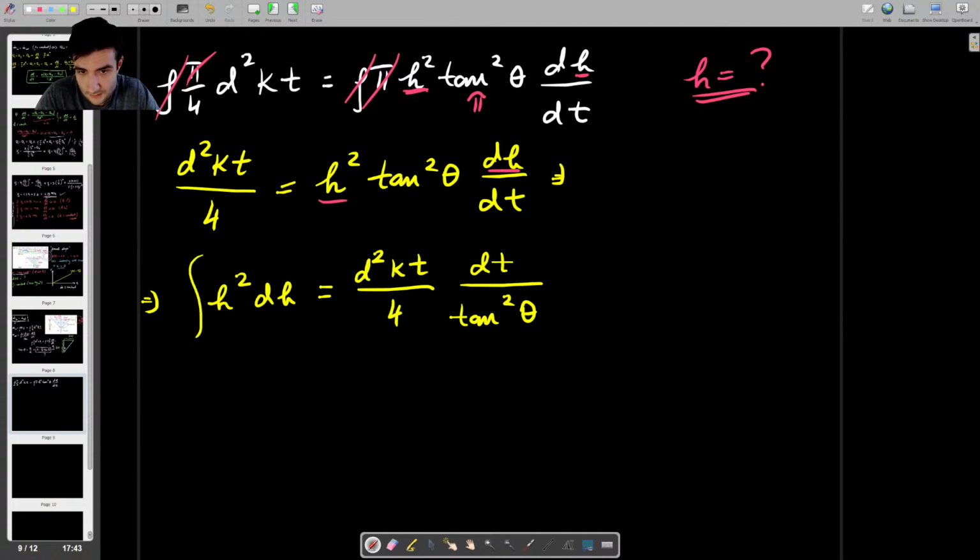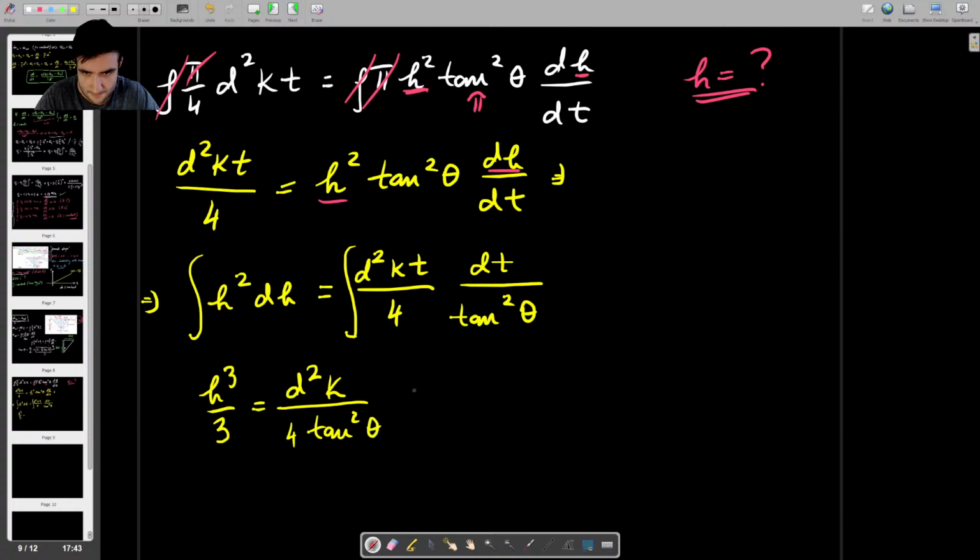So we integrate both sides. The integral on the left is going to be h cubed over 3. And on the right, I have a lot of constants that I can just take out. I have d squared, I have k, I have the 4, and then I have tan squared theta, and then I have the integral of t dt.